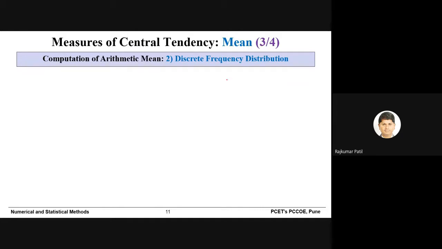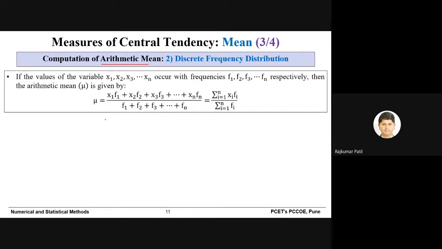Second case is a discrete frequency distribution. This is the type of data available with us, and for that we will try to calculate the arithmetic mean. Suppose we have variables x1, x2, x3 up to xn, and each variable occurs with some frequency. For example, x1 occurs f1 times, x2 occurs f2 times, x3 occurs f3 times, and so on.